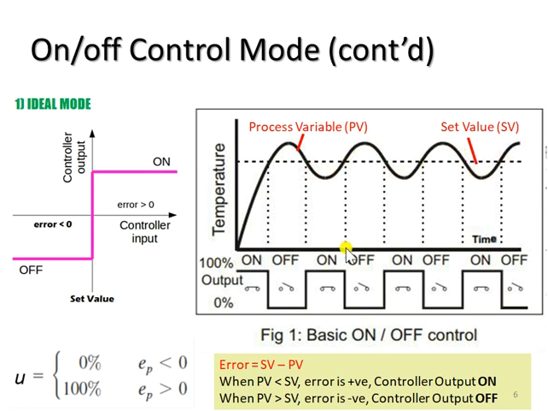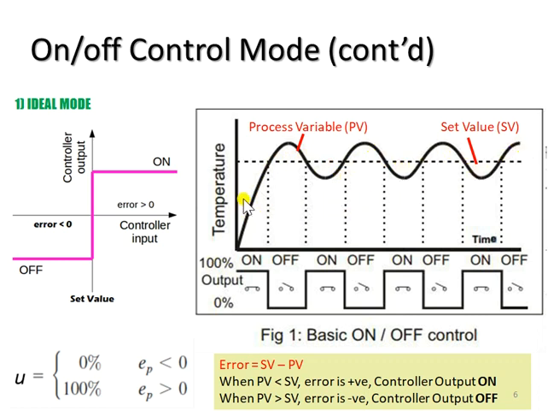So we can see this behavior of the on-off control, which is the on-off state, will be fluctuating, and the same goes for the response, or the process variable, which will be fluctuating throughout the process.